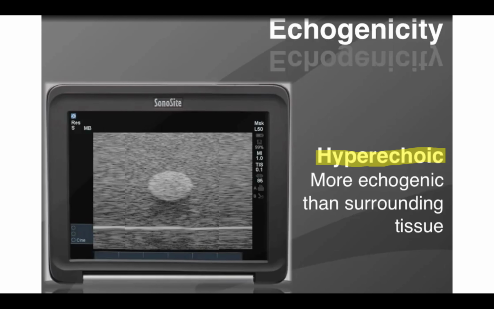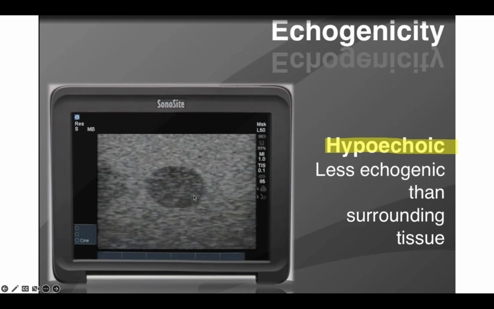So now let's switch to the next important terminology, which is echogenicity. We'll be using different words to describe structures on the screen, and we'll be talking about hyperechoic structures. This is the one that is more echogenic, meaning brighter than the surrounding tissue.